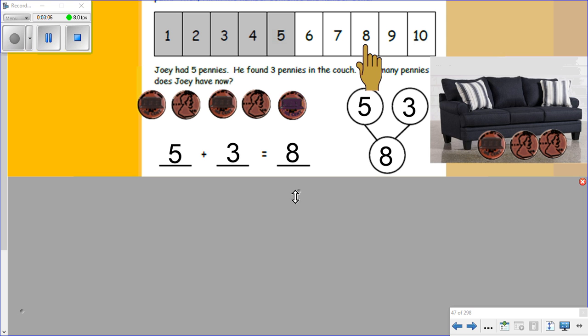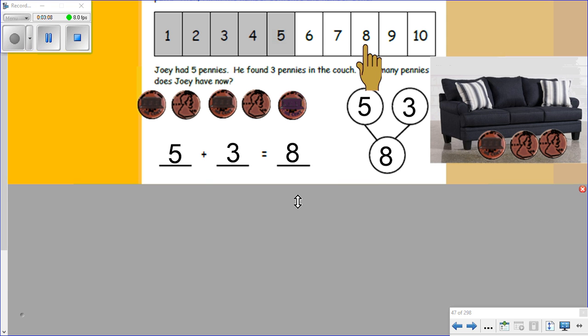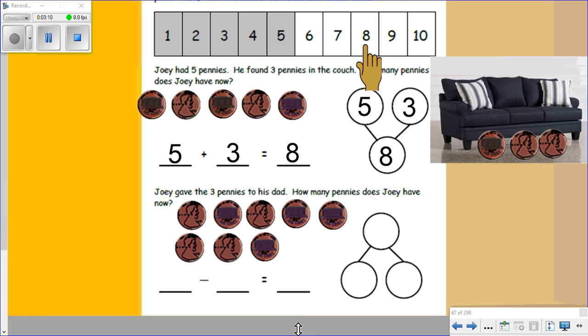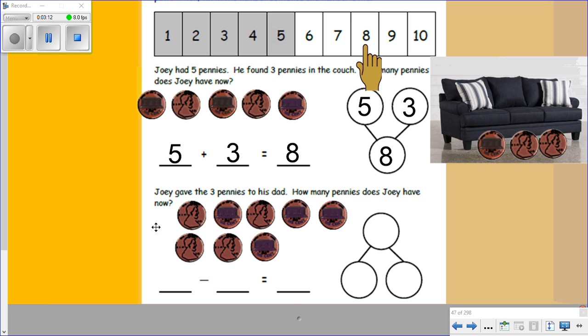All right, let's take a look at the next part of the story. Joey gave the 3 pennies to his dad. How many pennies does Joey have now? So he has 1, 2, 3, 4, 5, 6, 7, 8, right?